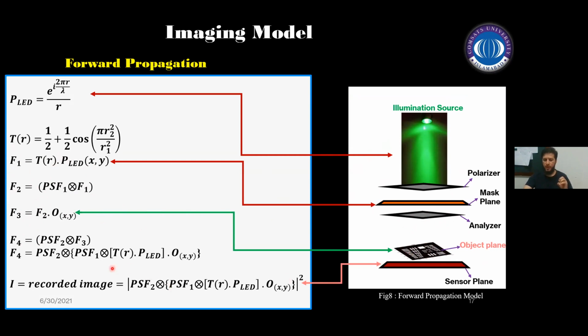It takes the information from there and propagates towards the sensor, where the F4 field is the convolution of point spread function 2 and F3. Here the intensity is recorded at the sensor, which is the mod square of F4.